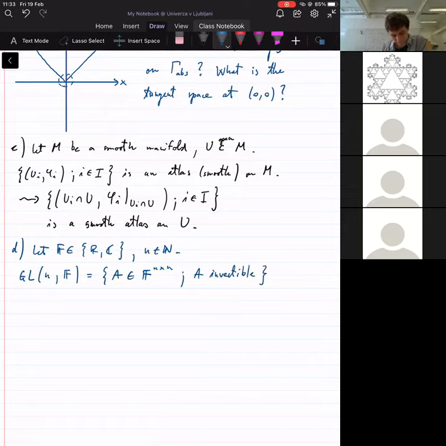So how do we naturally endow this set with a smooth structure? Those who have already contemplated this question, please spare some for your colleagues.